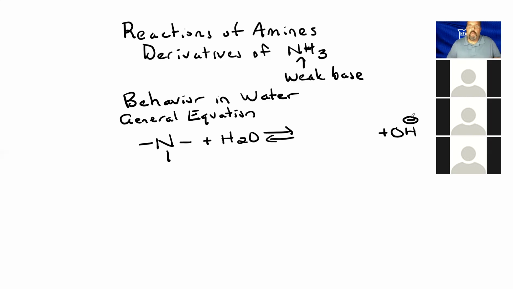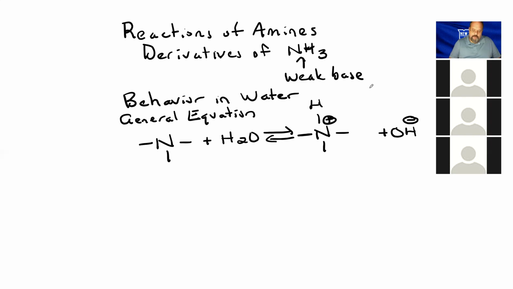Now, specifically, what happens to the amine? Well, everything stays the same, but the nitrogen is going to pick up a hydrogen. Now, when nitrogen has 3 bonds, the nitrogen is neutral. But when nitrogen has 4 bonds, the nitrogen has a positive charge.